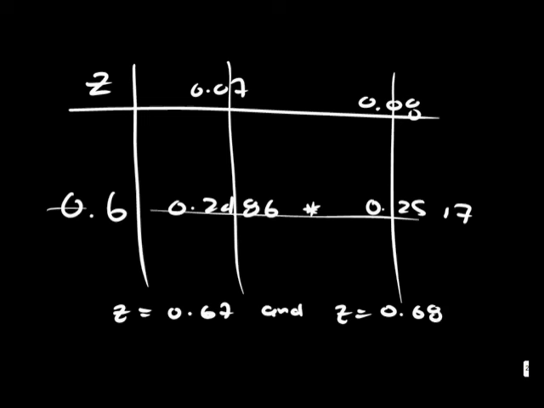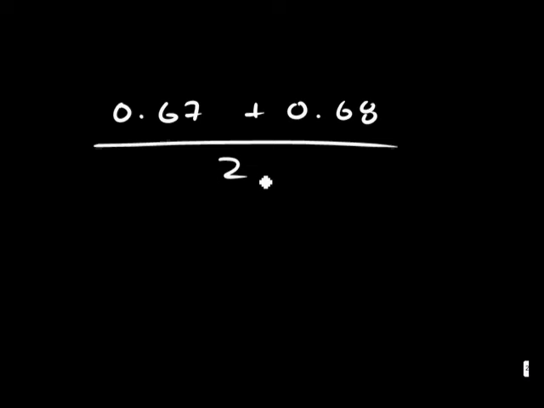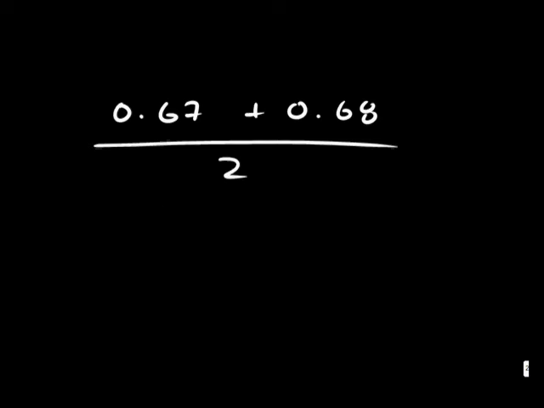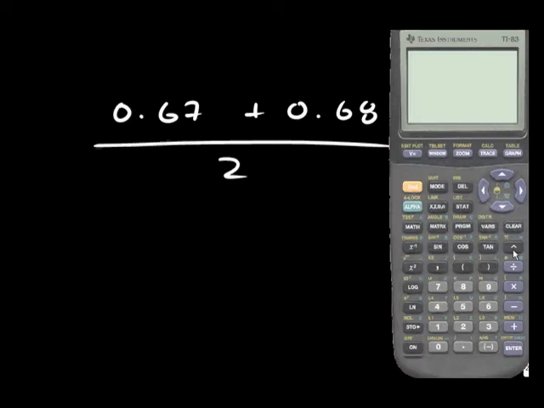So if I look at 0.67 plus 0.68 divided by 2, let's double check. 0.67, 0.68, a z-score that's between these, midway between, is found by adding them and dividing by 2.